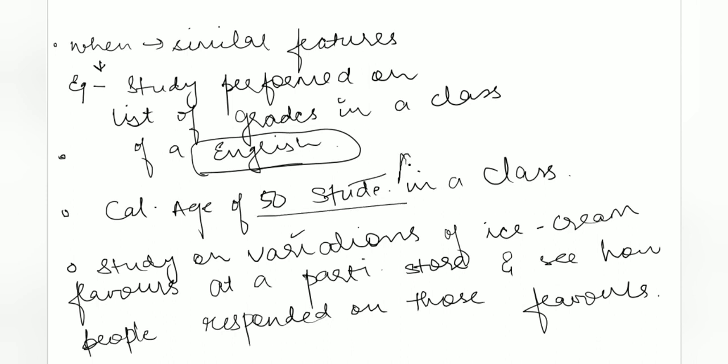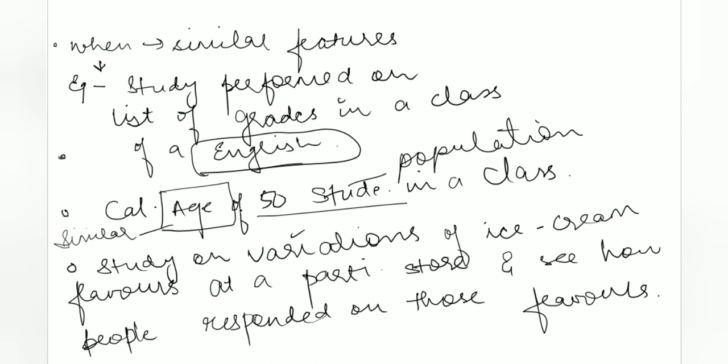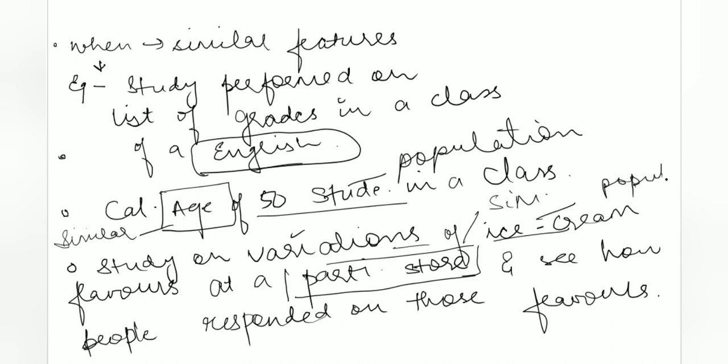This is the population, and this age is the similar characteristic. Now, study on variations of ice cream at a particular store. This is at one store only. So, this is similar. Variations of ice cream is the population. So, this is the concept of cross-sectional data.